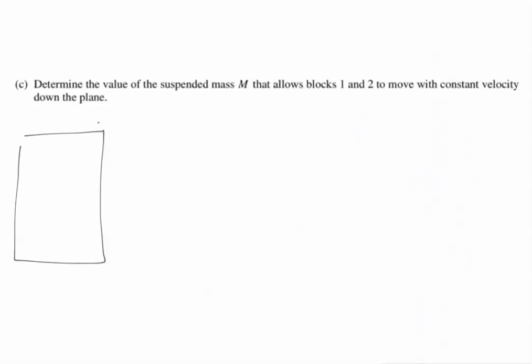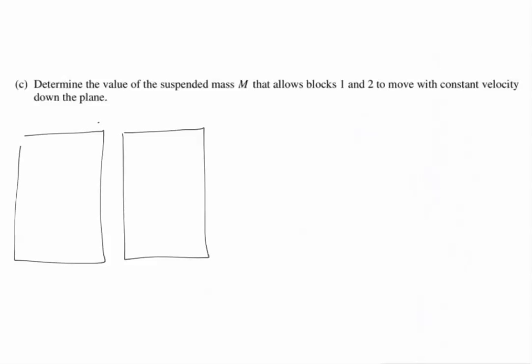You need one for the suspended, hanging mass, and then one for blocks 1 and 2. I suggest, as a simplification, that you treat blocks 1 and 2 as a single object. In other words, you combine their masses and the other effects associated with them, and it simplifies your problem.